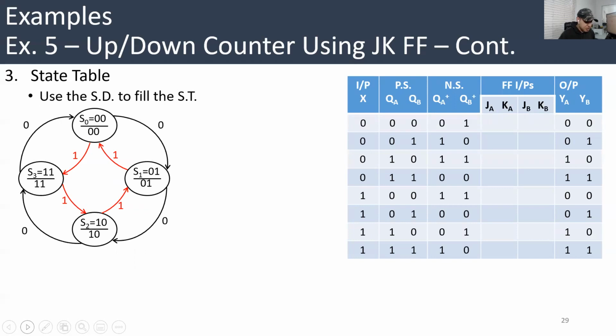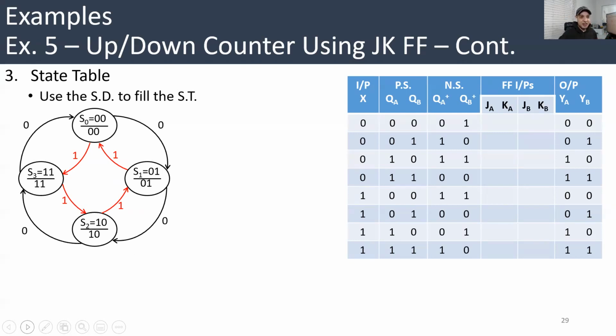The change here is that instead of DA and DB, we're going to have JA and KA, which are the inputs of the first flip-flop, because a JK flip-flop has 2 inputs. It's not one input like a D or T flip-flop. The second flip-flop will have JB and KB, not just DB. It has 2 inputs, not just one.